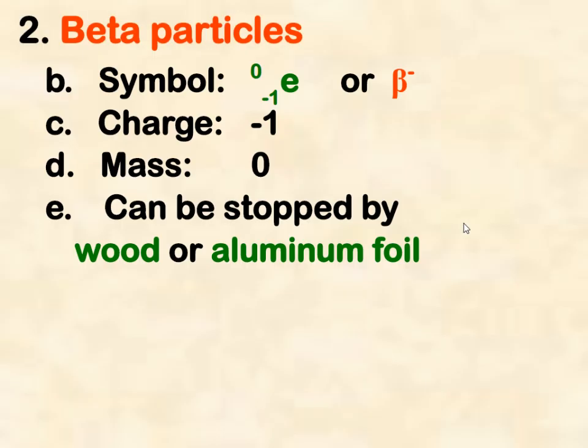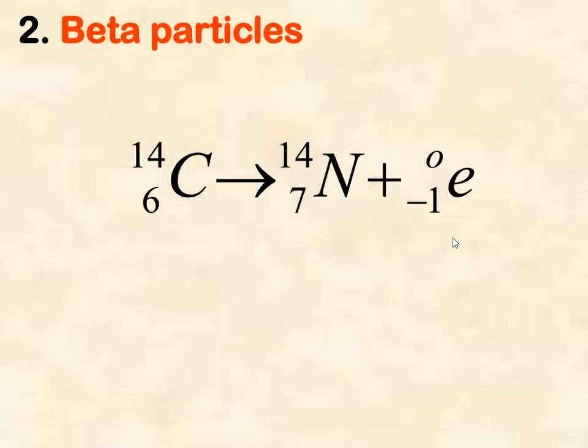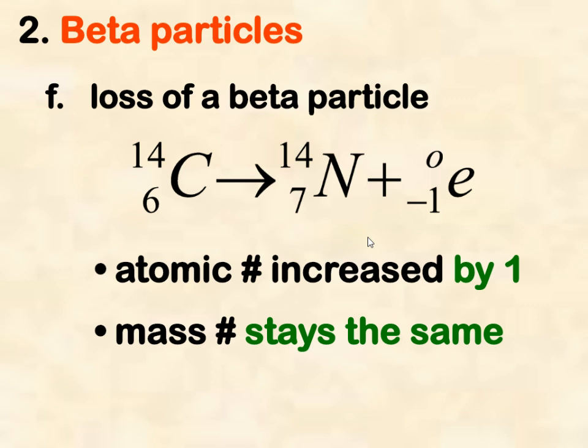It can be stopped by aluminum foil or wood. When we have carbon that decays, it decays into nitrogen and an electron. This is how we show the loss of a beta particle. The atomic number is increased by 1, but the mass number stays the same.